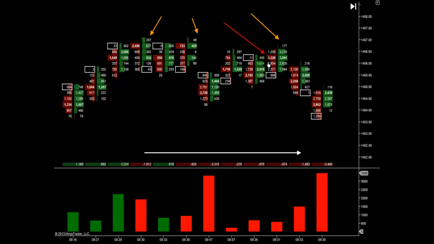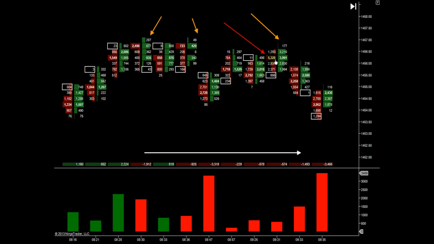Now, I can't say what happened first, but I'm going to take a guess and say that this red arrow, this 5,328 contracts trying to eat the floor, was an attempt to hold the market up, which failed. I say that just because I've read a lot of footprint charts, and that's what I'm guessing happened. I'm guessing that as we came up, we came back down here, and the floors firmed up, a lot of contracts traded, and then they just let it go.